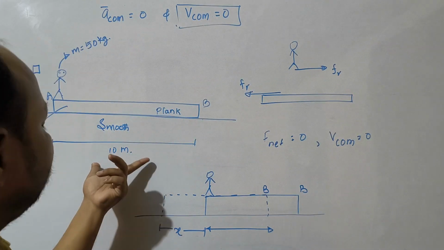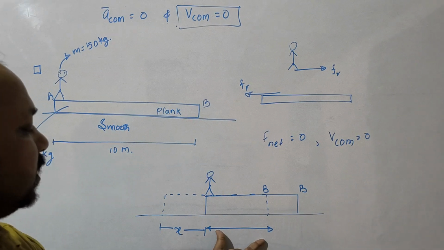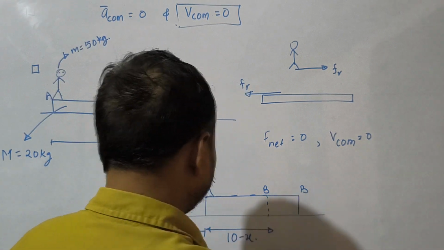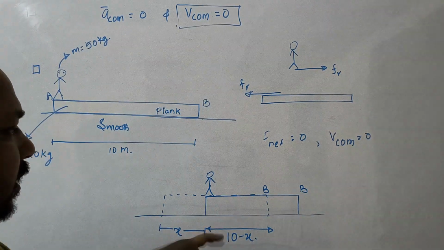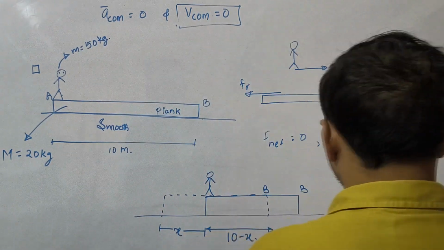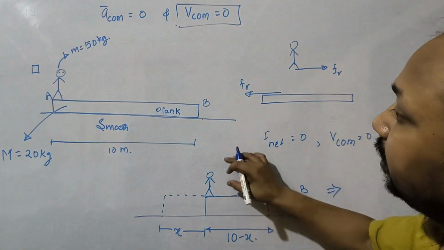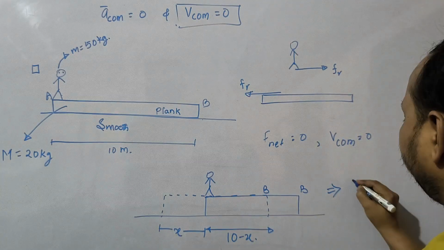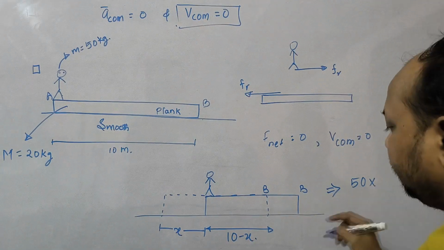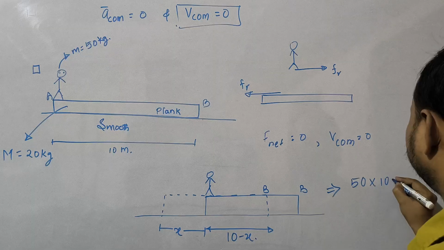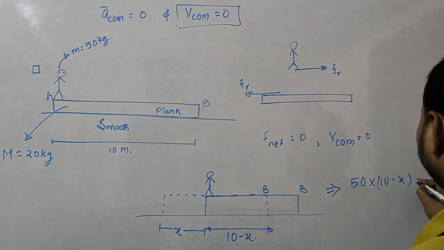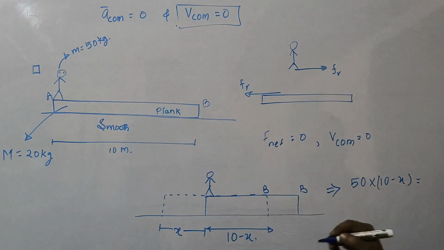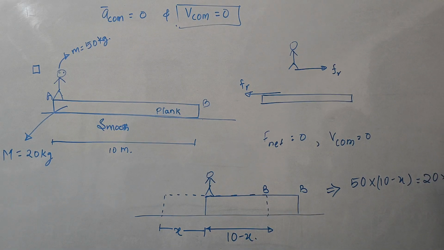The total length was 10 meters, so this distance can be written as 10 minus x. Since V COM is 0, with the man's mass 50, we can write 50 into (10 minus x) equals the mass of the plank, 20, into x.